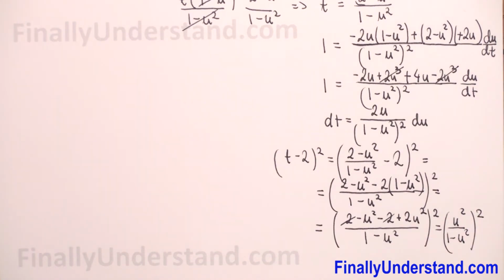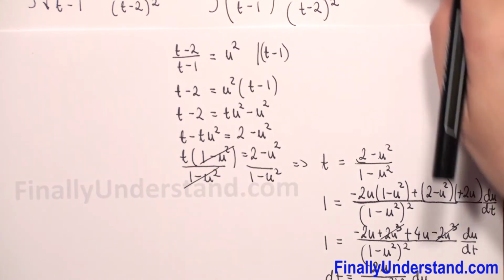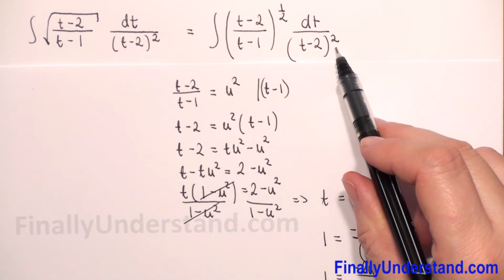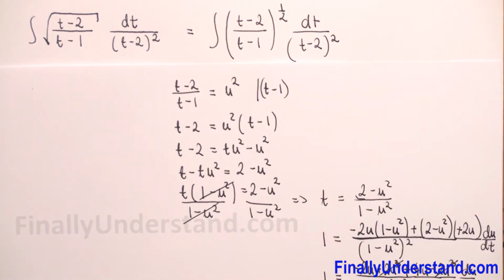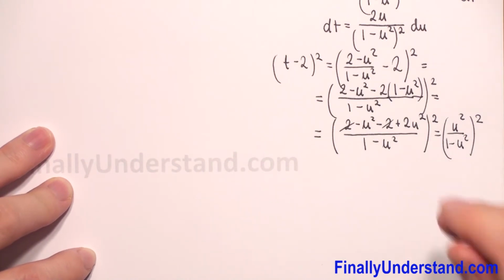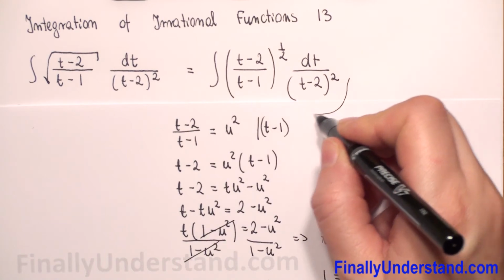So now we can come back to our integral, because we have (t minus 2) to the second power in the denominator. It means when we do the substitution, we have to flip this fraction.